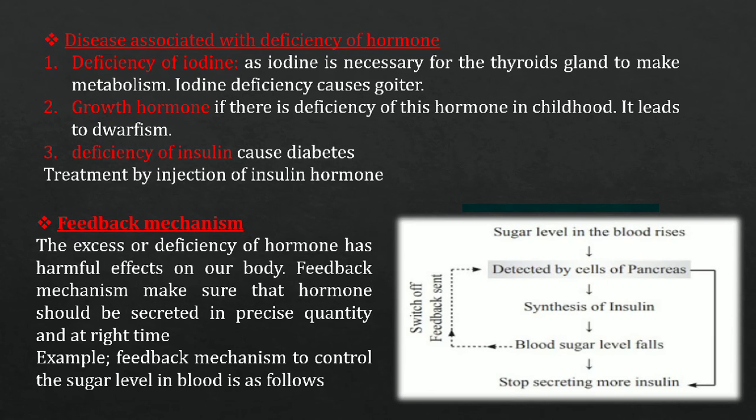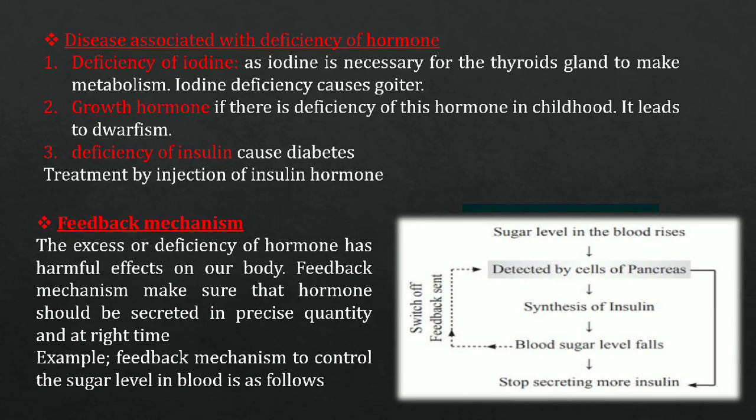Feedback mechanism. The excess or deficiency of a hormone has a harmful effect on our body. The feedback mechanism makes sure that hormones are secreted in precise quantity and at the right time. For example, the feedback mechanism to control the sugar level in blood is as follows.